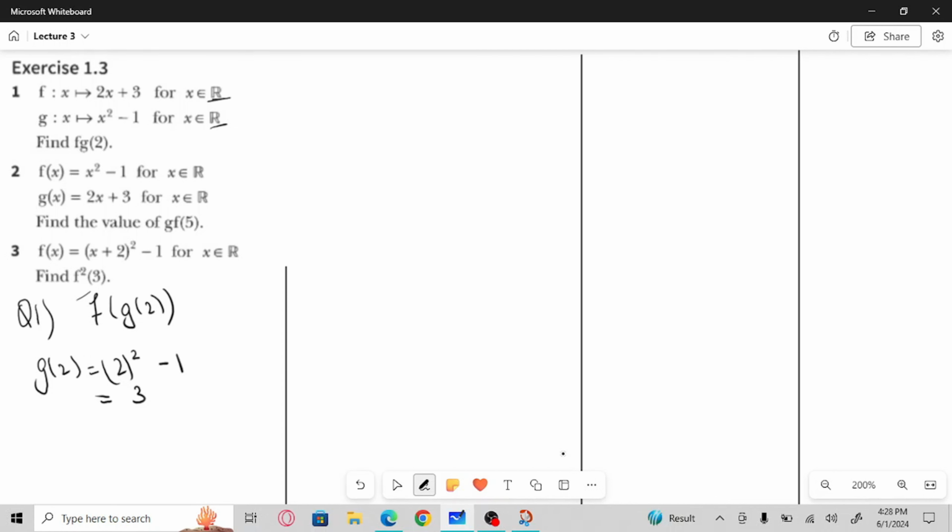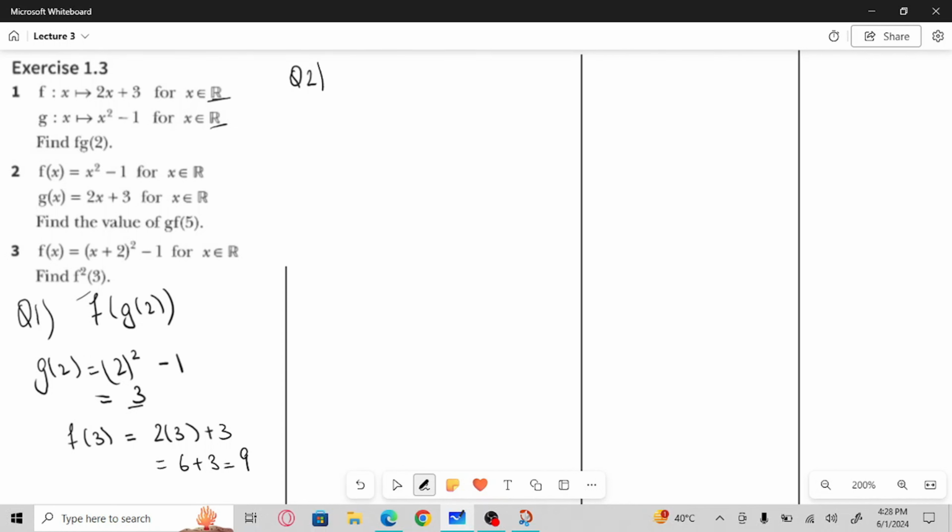Now we should input the value of the answer into the function f. f is 2x plus 3, so f of 3 is equal to 2 multiplied by 3 plus 3, which is equal to 6 plus 3, and it's 9. 9 is the answer for f of g of 2. So that's question number 1.